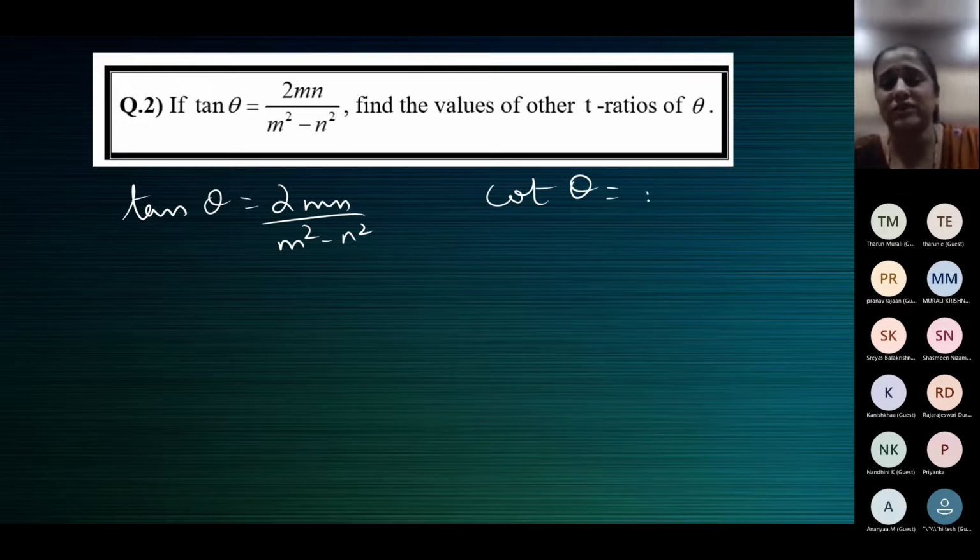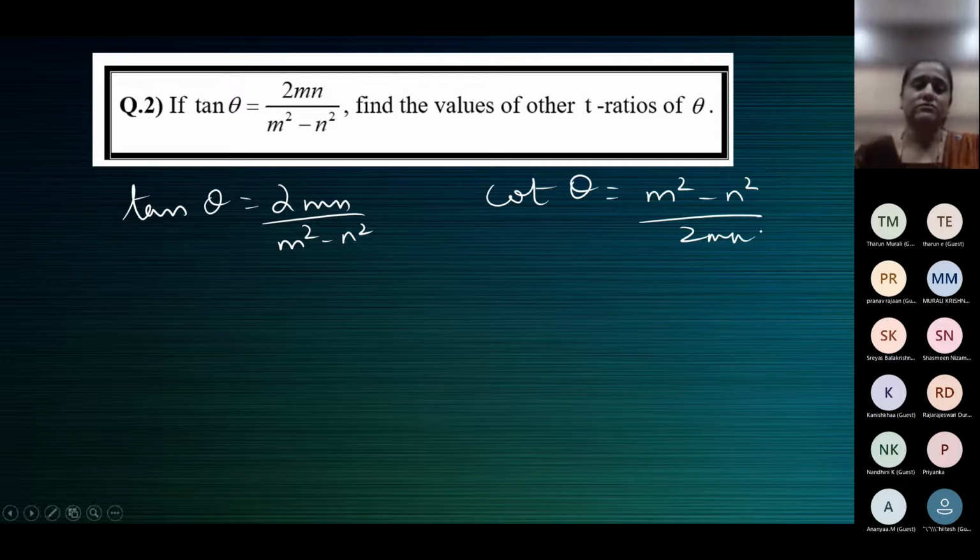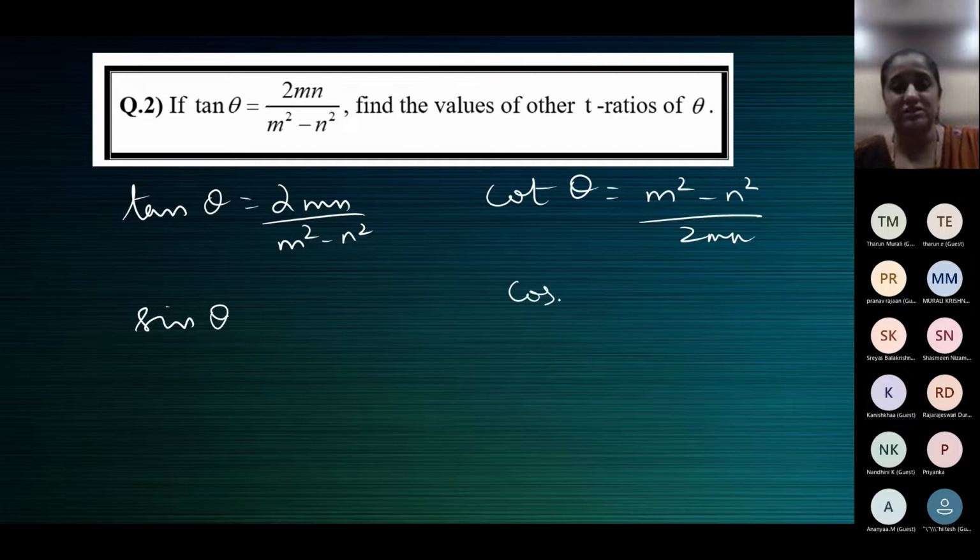So cot theta will be m square minus n square by 2mn. Next, maybe we can find sine theta. If you find sine theta, you can immediately find cosecant theta, because sine theta and cosecant theta are reciprocal ratios.